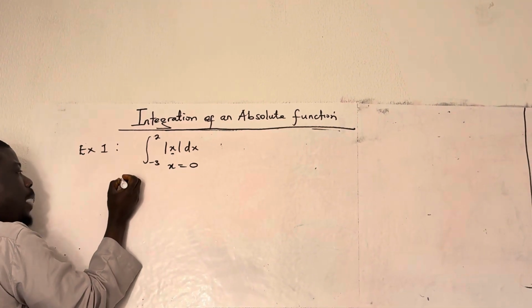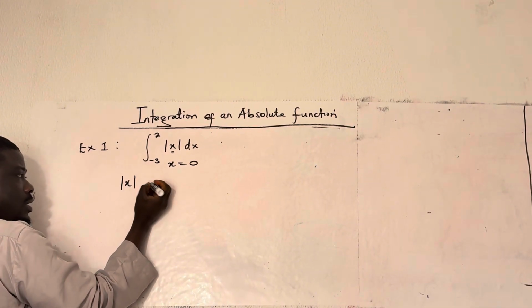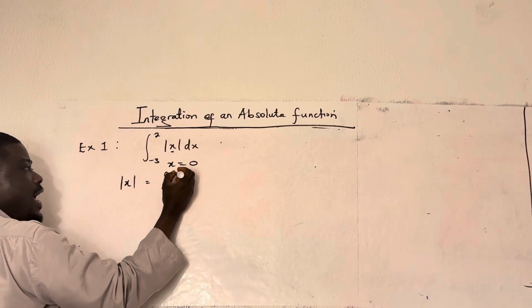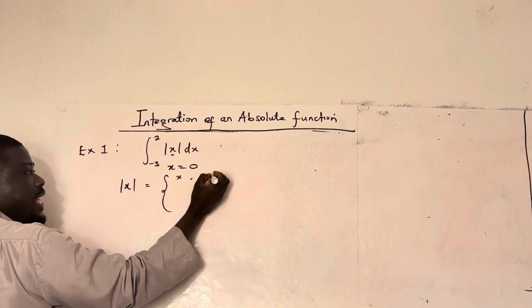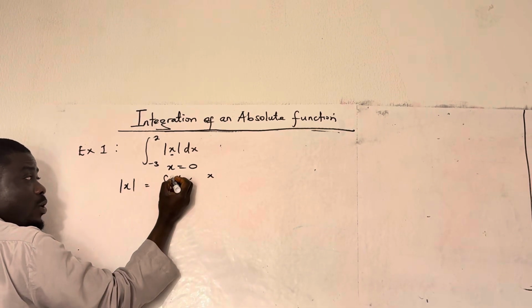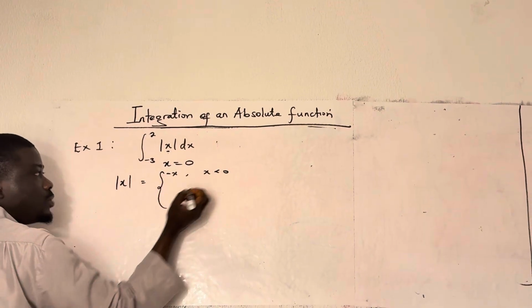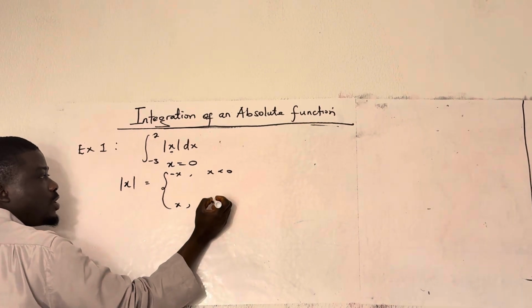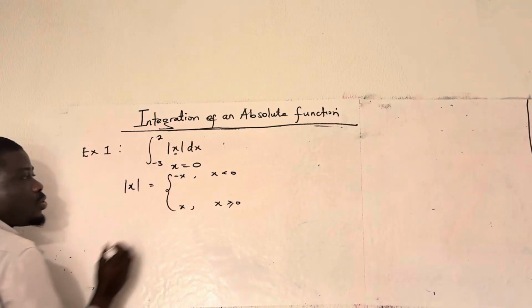Now, for an absolute value of x, we must have minus x when x is less than 0, and we have x when x is greater or equal to 0.